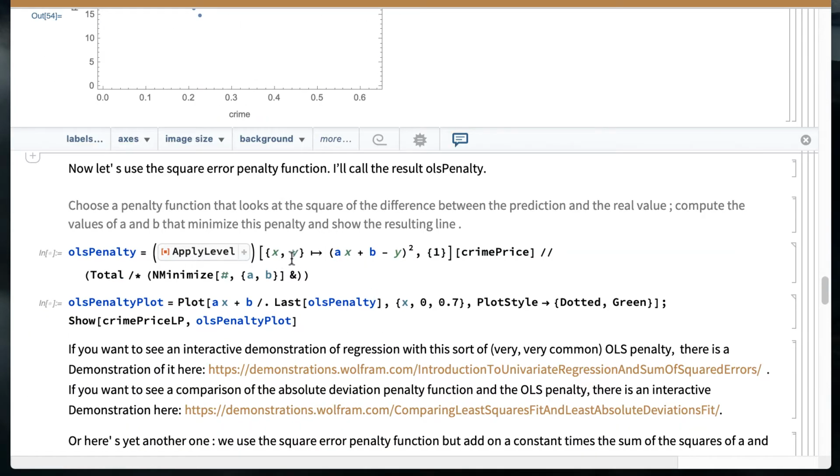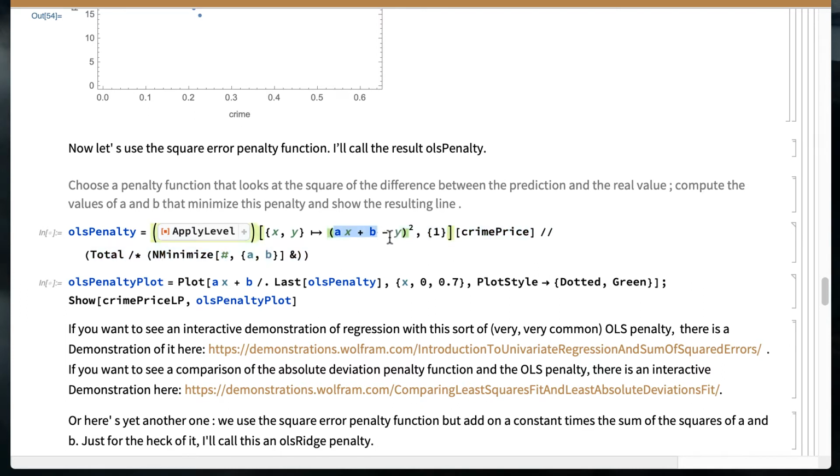Here's another penalty. This time what we'll do is we'll take our prediction, we'll subtract off the actual value, and instead of taking the absolute value, we'll square the difference. Then we'll take the sum of the squares. So we're going to take the sum of the squared differences between the prediction and actuality.